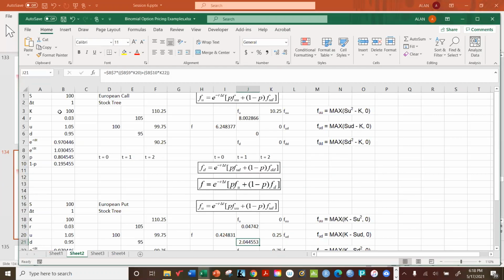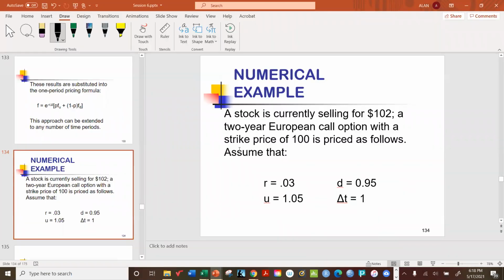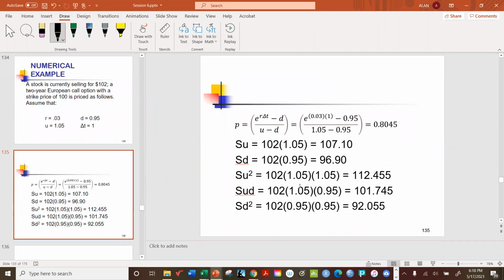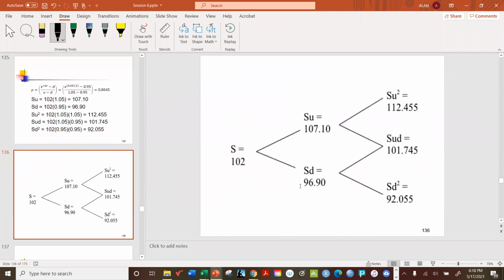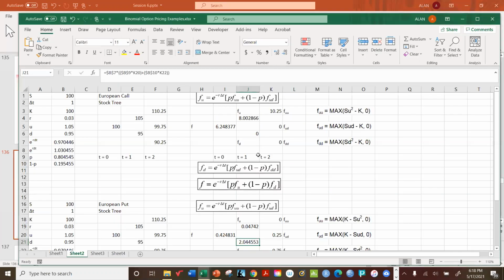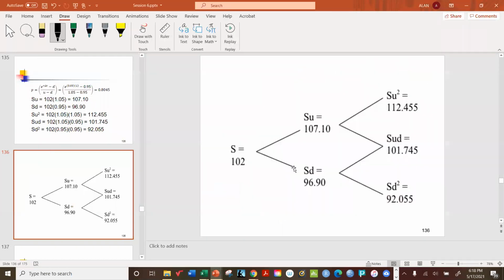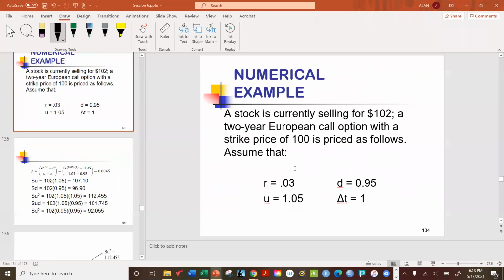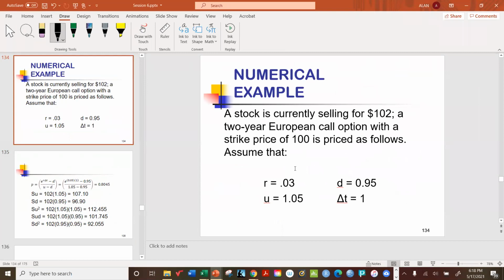All right, so in this case, the stock is selling for, oh, I see what happened. Oh, I didn't realize I had done this. These are not the exact same numbers. We can change that though.